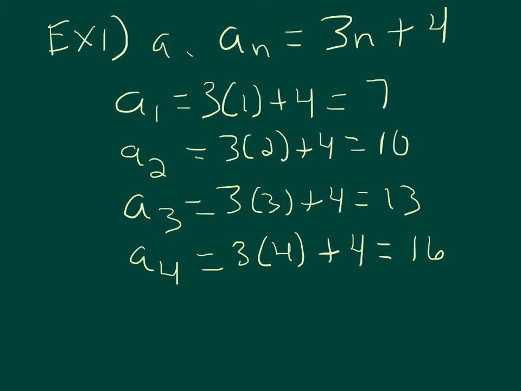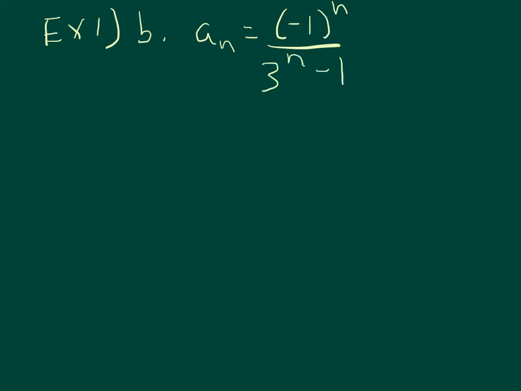Now let's look at part B for example 1. A little bit harder problem here. Still finding the first 4 terms. And the general term is a sub n equals -1 to the n over 3 to the n minus 1. So again, we're finding the first 4 terms.